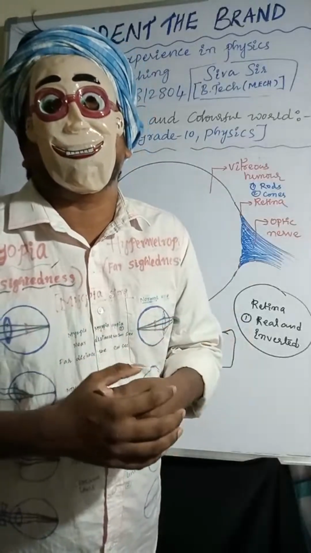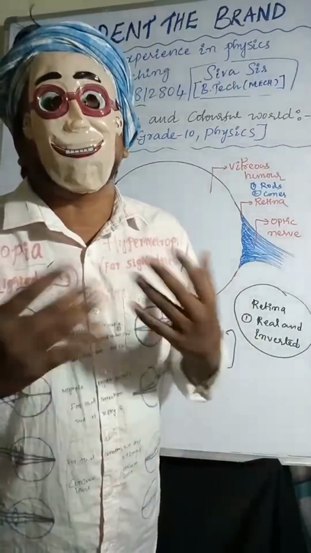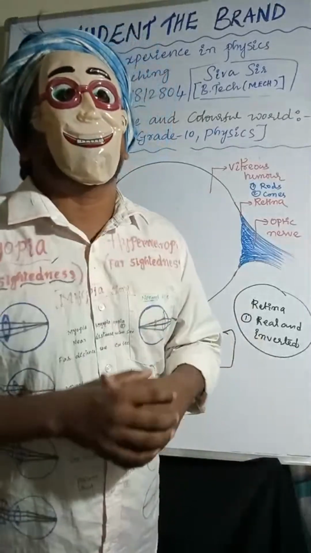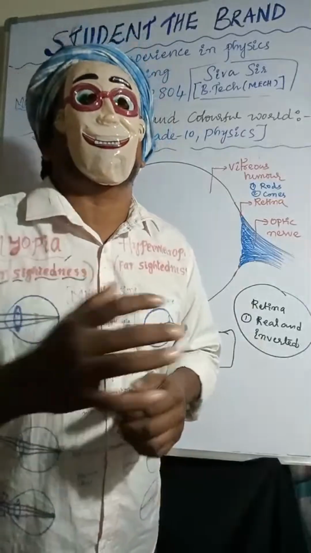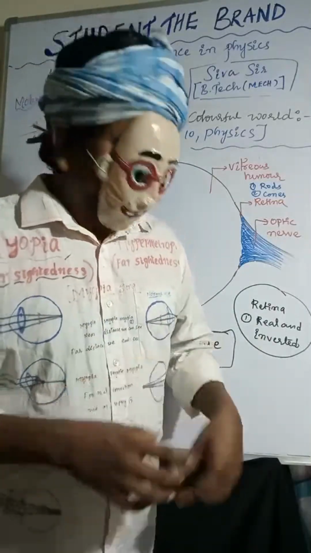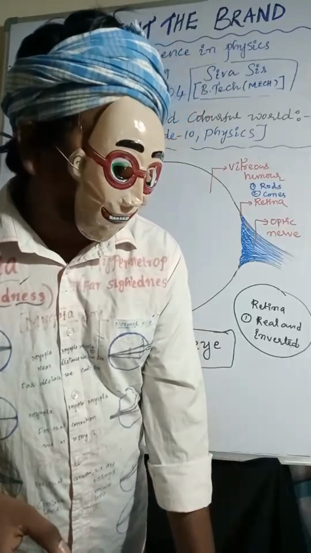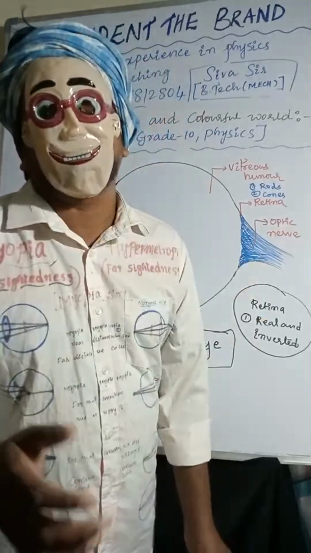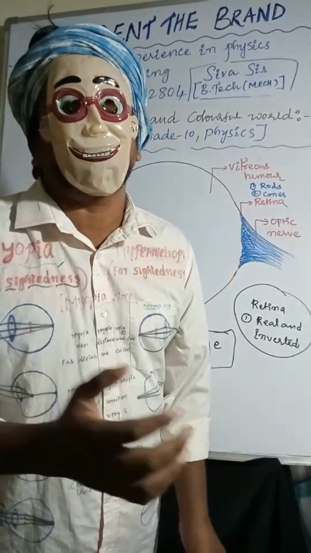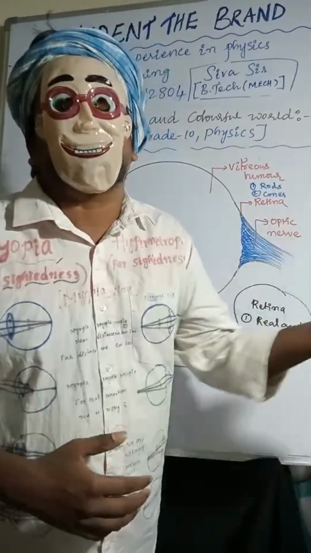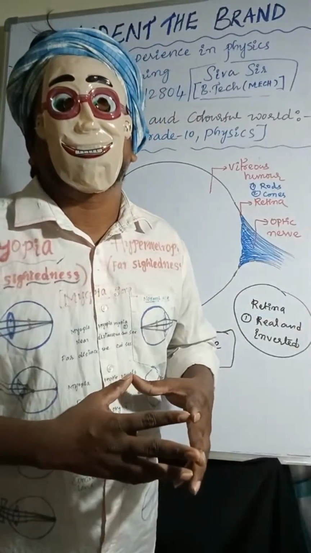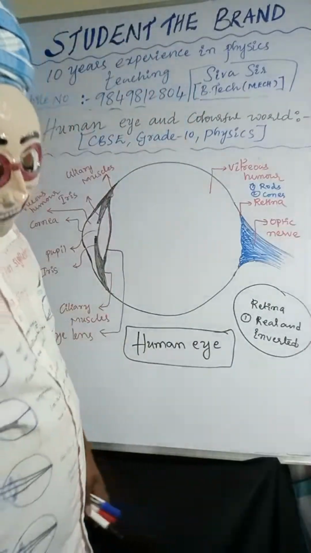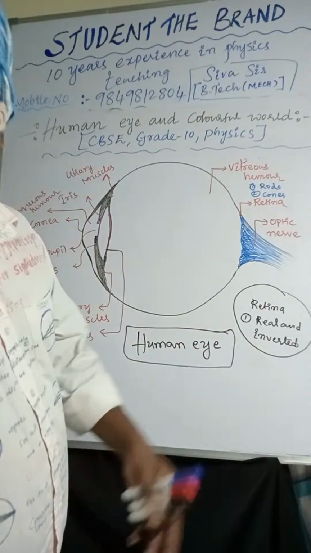Ciliary muscles are responsible for the power of accommodation, because ciliary muscles adjust the curvature of the eye lens to see the nearby object as well as the far object.